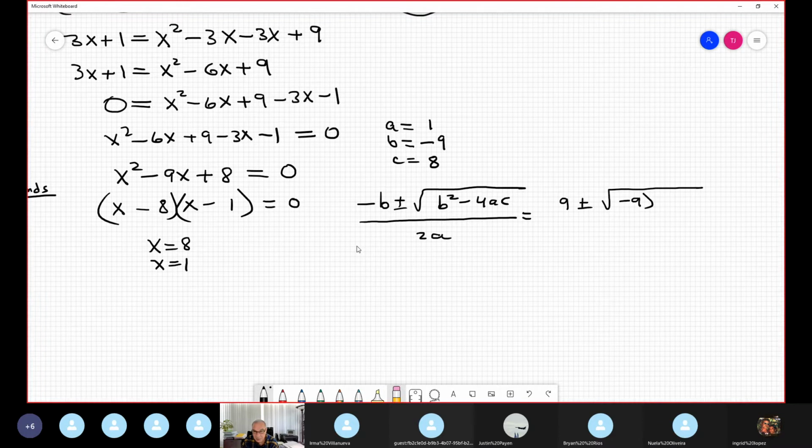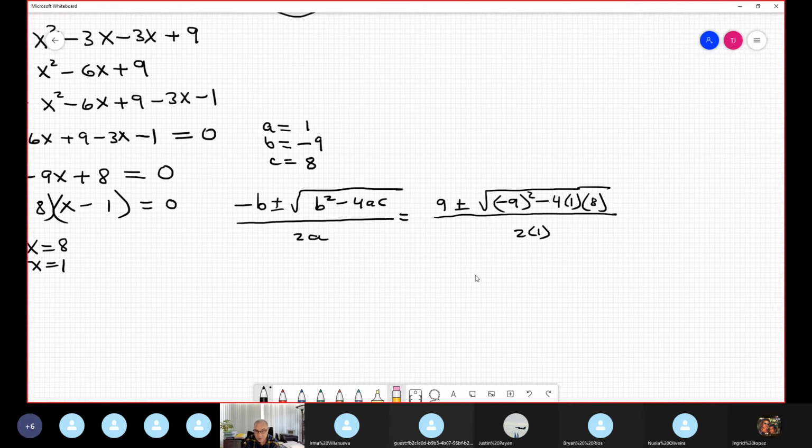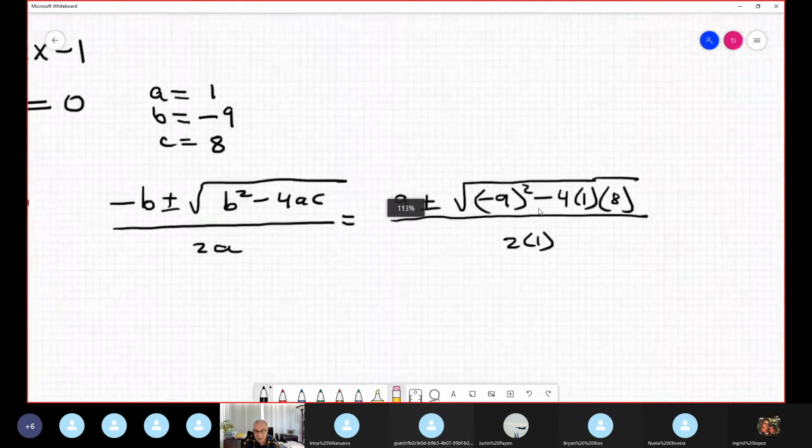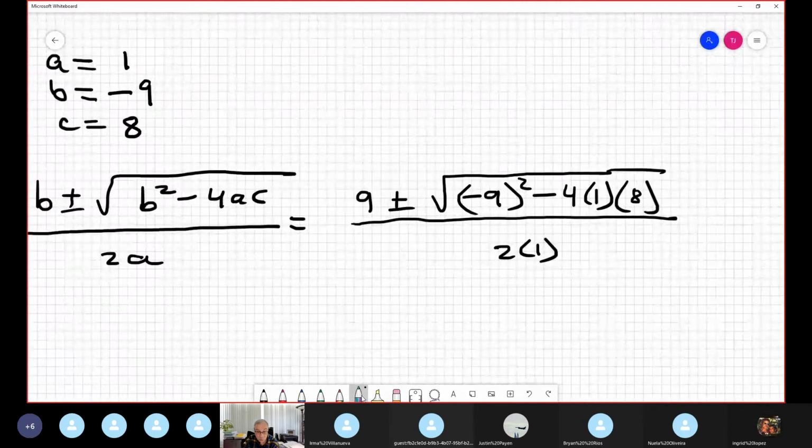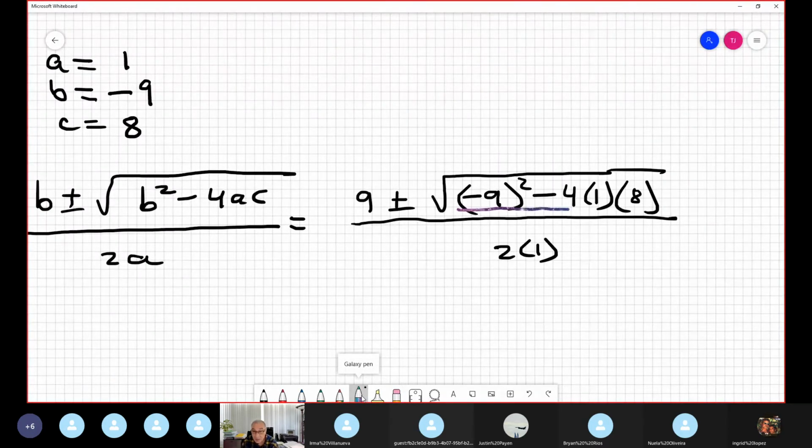Negative 9 squared minus 4, multiplication by 1 as A, multiplication by 8 as C, divided by 2 times 1. Now you focus on the expression inside. I make a zoom because I want you to remember this idea. You solve first the expression inside.